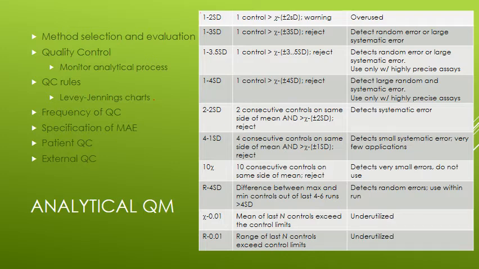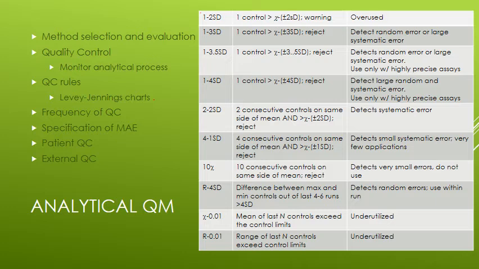But also with some analyzers, they run the patient in duplicate, so the test is performed twice, whether you actually aliquot twice is usually not necessary. For a test that has a fairly large random error, analyzing it in duplicate and reporting it as an average helps to eliminate some of that error that might exist in the test platform itself.